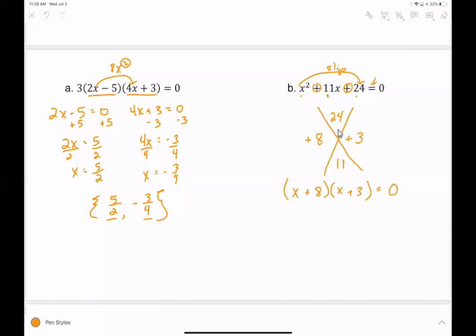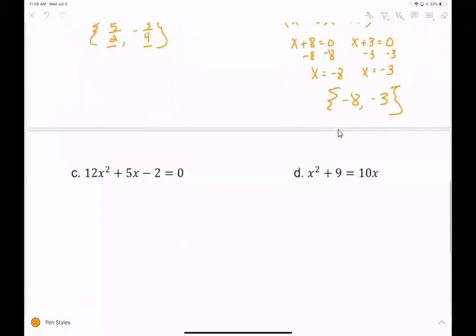So what we're doing at this point is taking these factors and setting them equal to 0 so that we can find our solutions. So we have x equals -8, and then we're going to rearrange again, and we have x equals -3. So look at the highest exponent. It's a 2, so we have two solutions, -8 and -3.